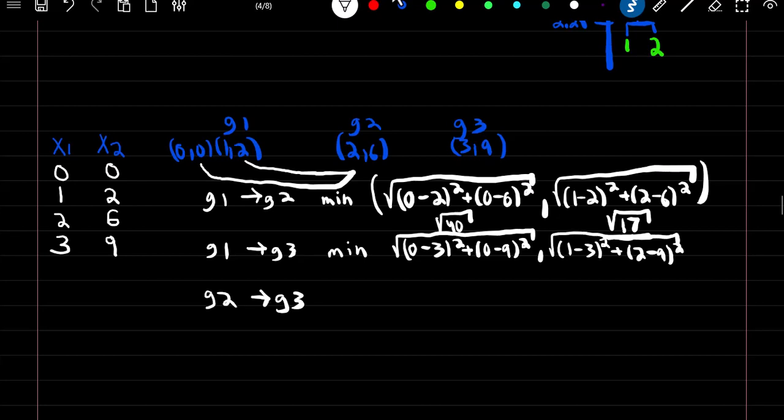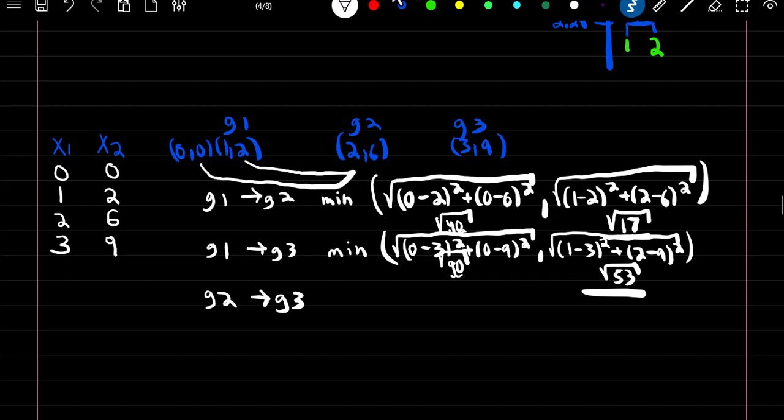We take the minimum of these 2 possible values, which is the square root of 90 and the square root of 53. We would take the square root of 53 because we're using single. Now if we were using complete instead of single, for these 2 we would be taking the square root of 90 and the square root of 40, since those are the bigger of the 2. Since we're using single, we're taking the smaller.